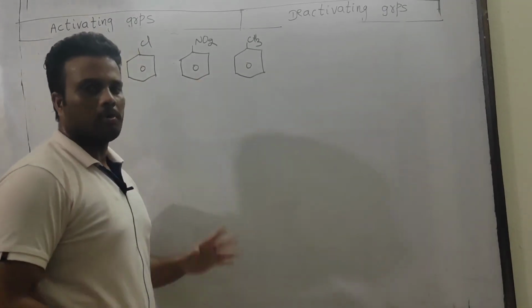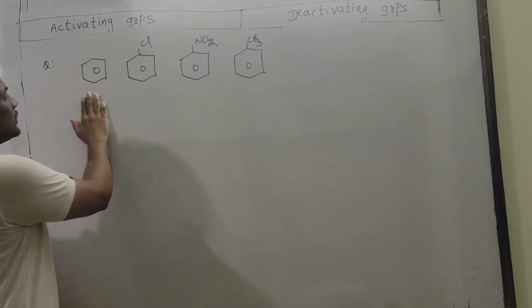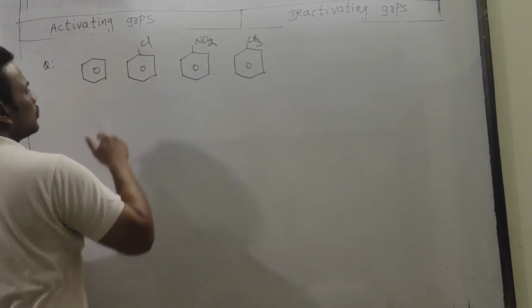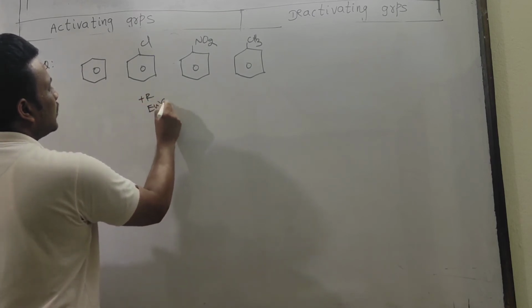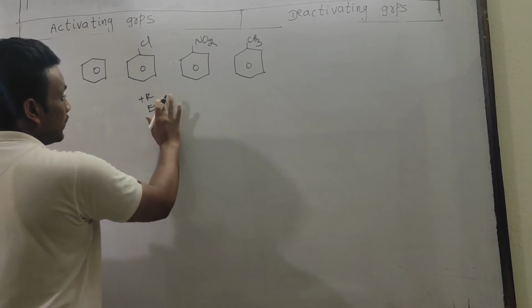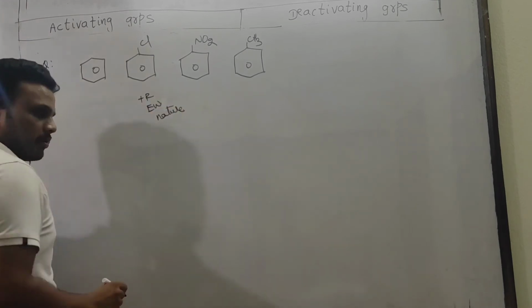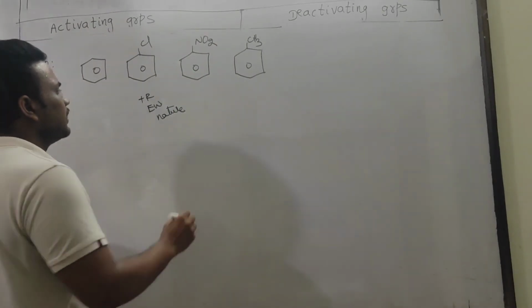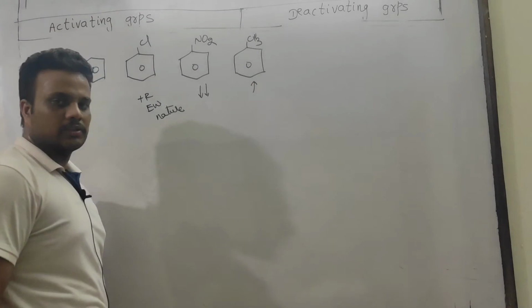In these four compounds, we know in benzene there is no plus I, minus I, no plus R, minus R, no group is there. We know chlorine is a plus R group, but overall it has electron withdrawing nature, that decreases electron density in the benzene ring. The methyl group increases electron density.